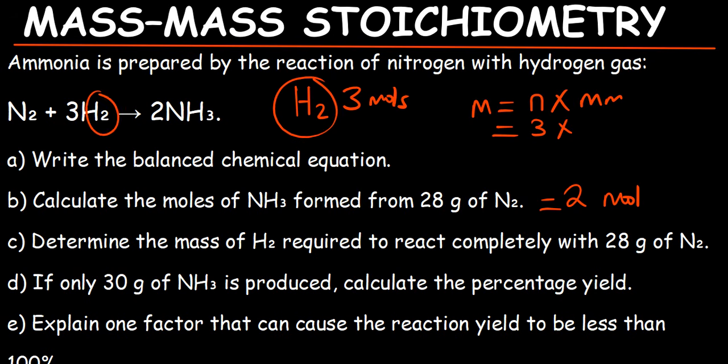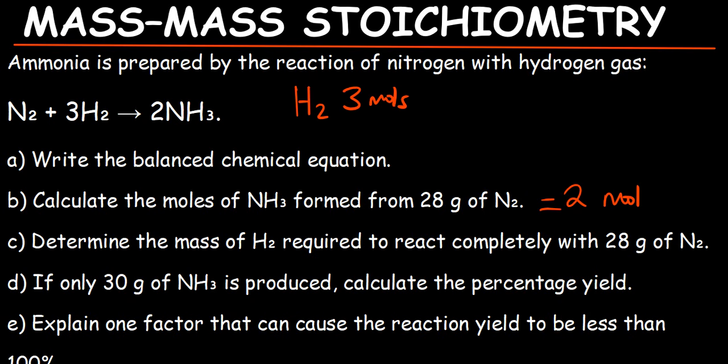The molar mass is 1, but because there are 2, I'm going to multiply by 2. Therefore, it's going to give me 6 grams. So 6 grams is the one that is required. Here I can even put 6 grams. So that's how we find C.